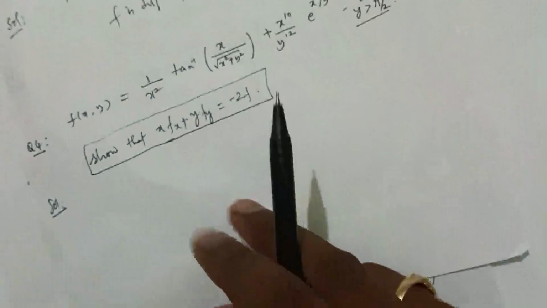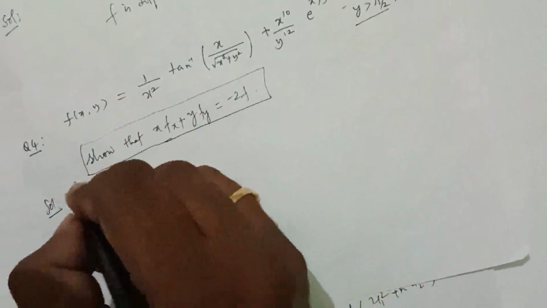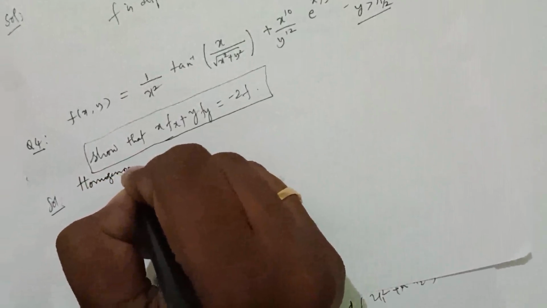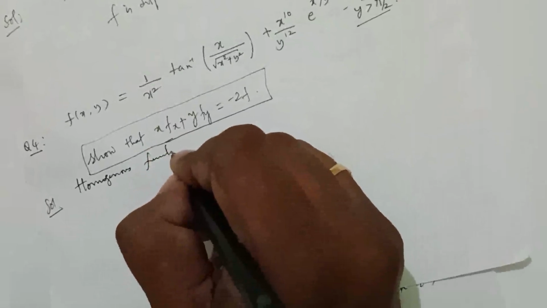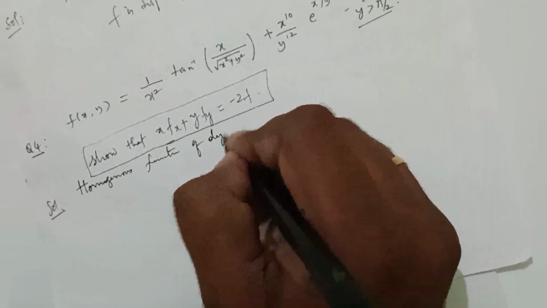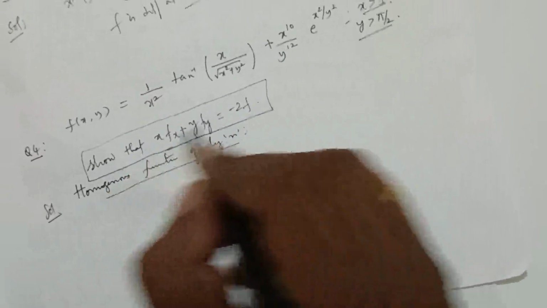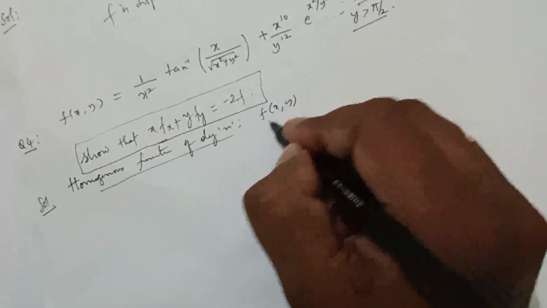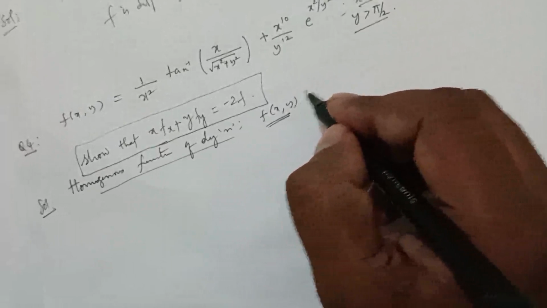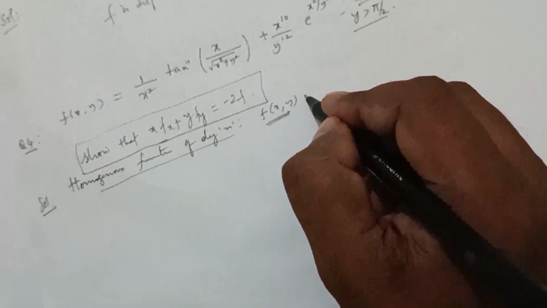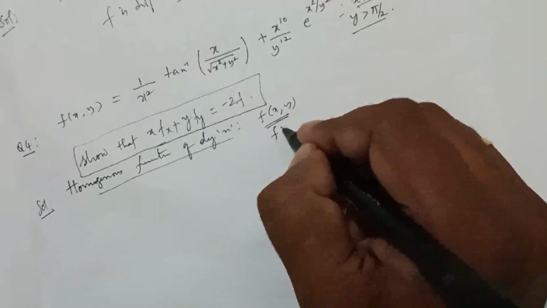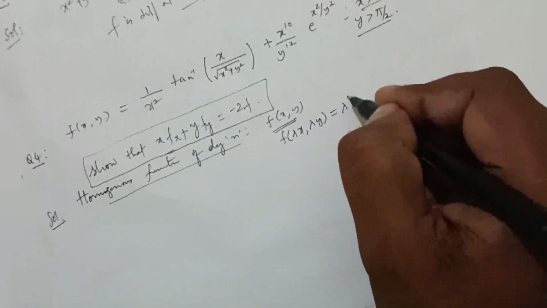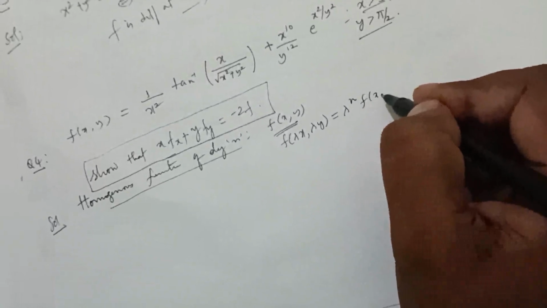See, we have one result. First of all, we need to study what a homogeneous function of degree n is. f of x comma y is said to be a homogeneous function of degree n if f of lambda x, lambda y equals lambda to the power n f of x comma y.